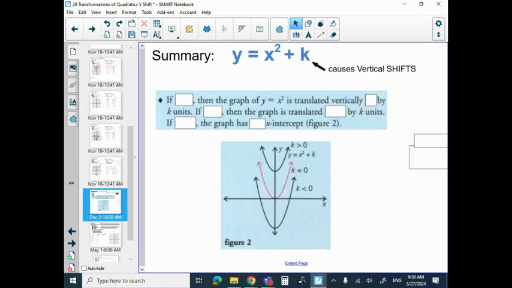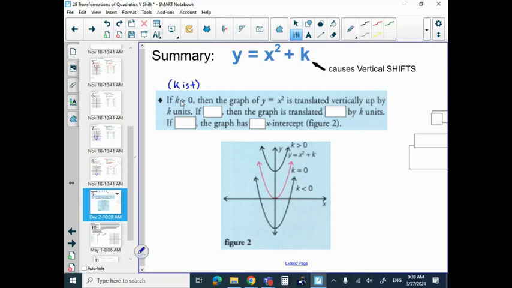So the end result here, we looked at it a second ago. If k is greater than 0, in other words, k is positive, we know that it would translate vertically which way? It would go up, right?